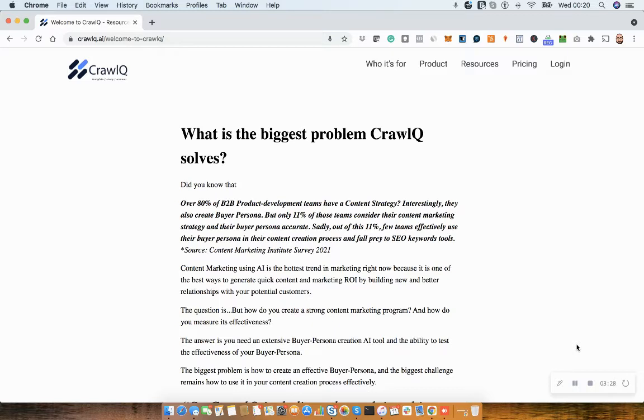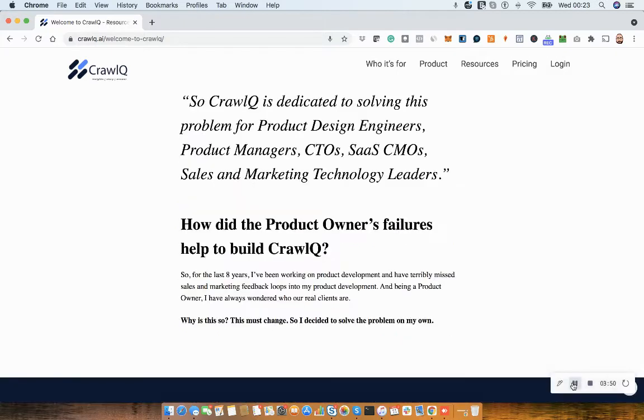The answer is you need an extensive buyer persona creation AI tool and the ability to test the effectiveness of your buyer persona. The biggest problem is how to create an effective buyer persona, and the biggest challenge remains how to use it in your content creation process effectively.